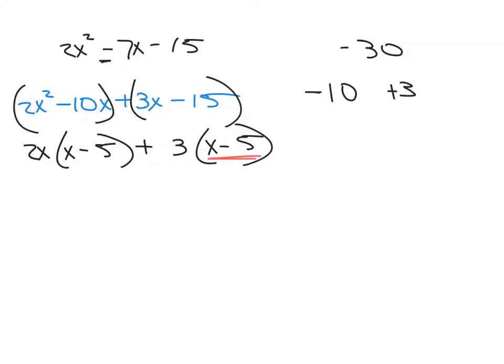Okay, and notice that and that have to be the same. Now I put my numbers outside the parentheses together, parenthesis, and I take one of my groups there, and I'm done. Okay, so that goes pretty fast once you get the hang of it.